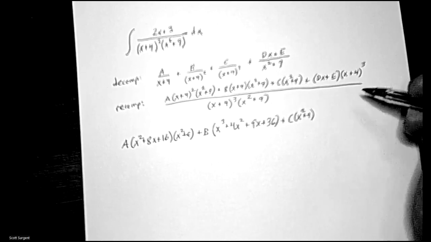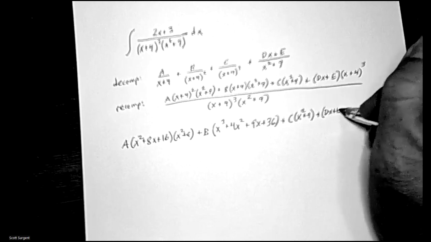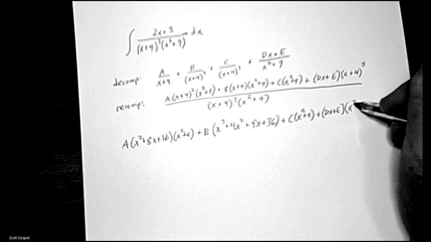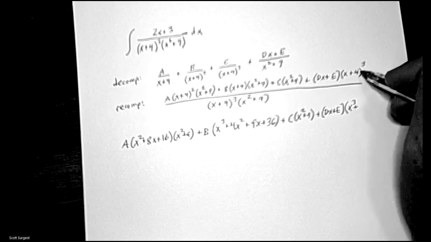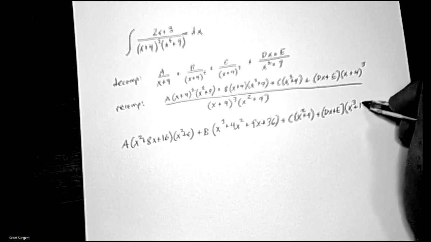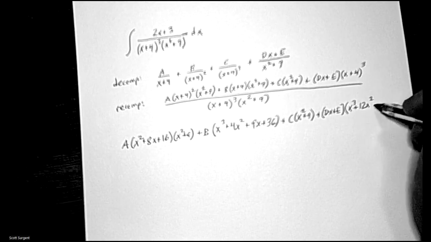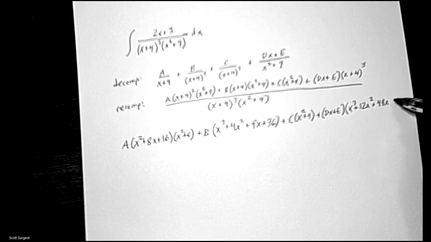Over here, I can do it real quick. It's dx plus e. I know the cubic, it's going to be x cubed, 3 times 4, which is 12x squared, and 3 times 4 squared, which is 48x, and then 4 cubed, which is 64.